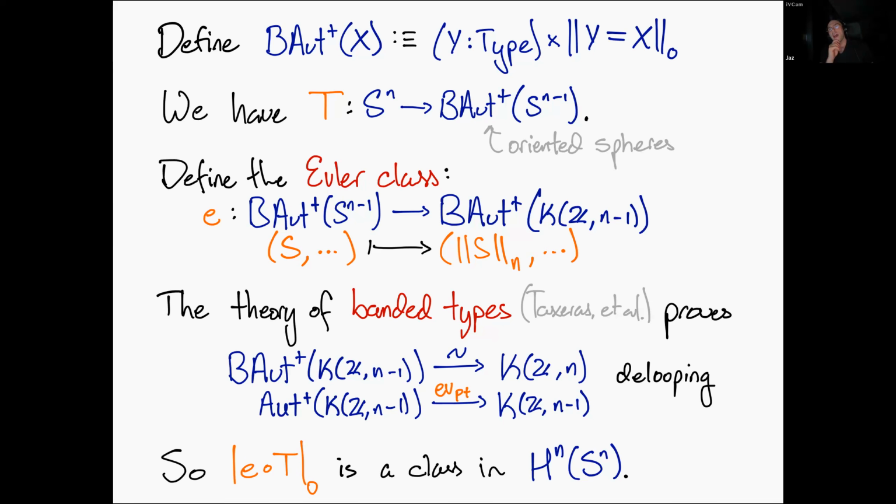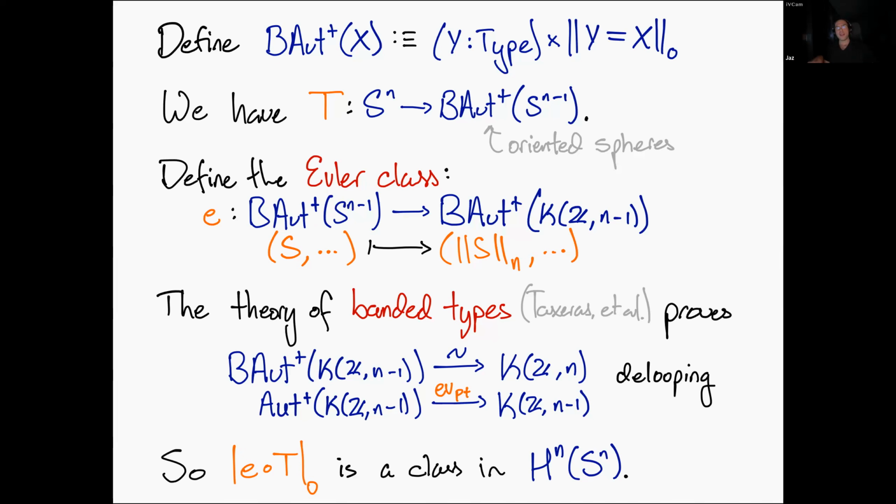So we're going to define also the Euler class here to be this map that takes an oriented sphere and gives us an element of this B O-dd plus of K(Z, n minus 1), which is the homotopy type with exactly one homotopy group, namely the integers in degree n minus 1.